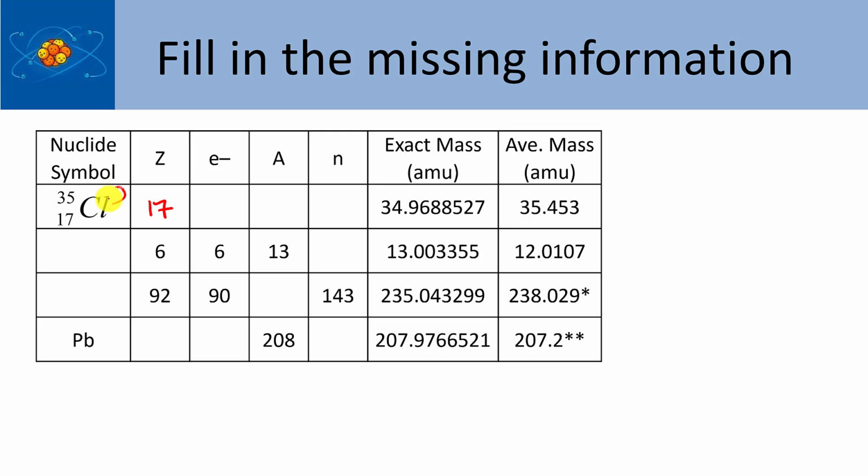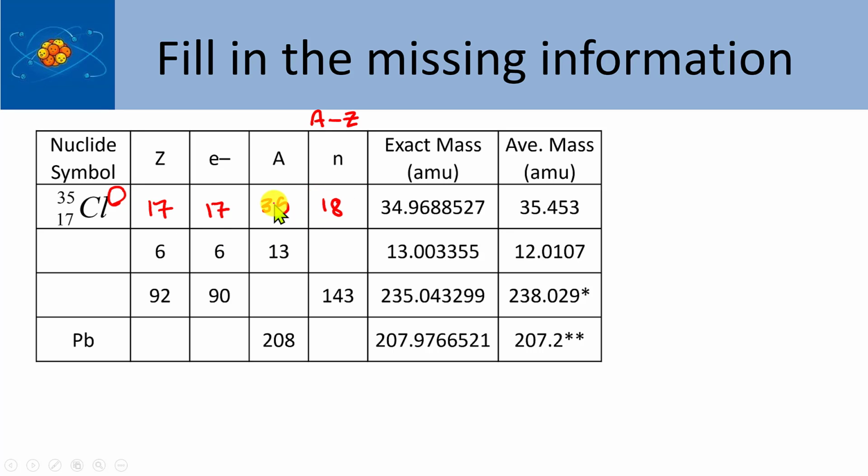Because it doesn't have a charge, it's neutral, the number of electrons would be 17. The mass number is 35. And then the number of neutrons is just mass number minus atomic number. When I do that, I get 18 neutrons. So 17 and 18 make 35.